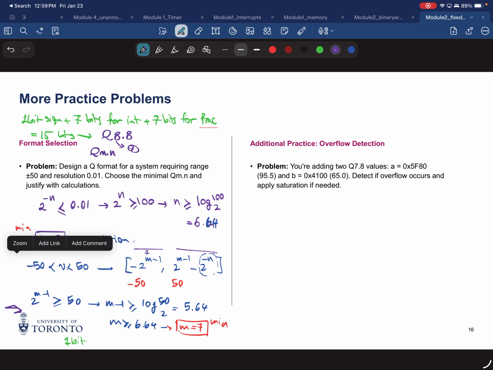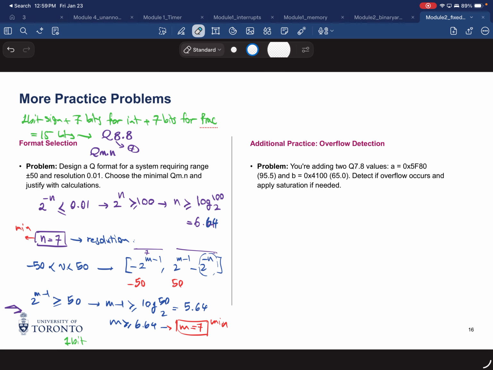Oh, so you're saying that's enough? Yeah. So your comment is that this m of 7 includes the sign. You're right. So I don't need to add the sign bit. So I need 14 bits in reality.